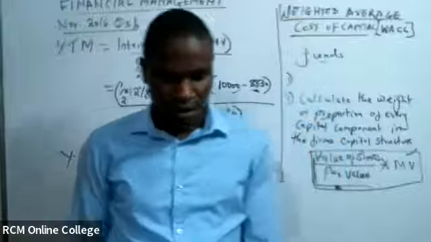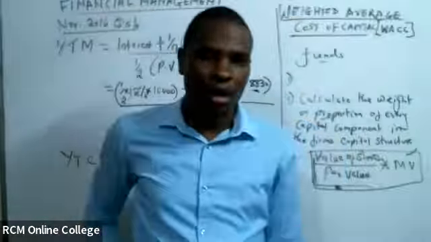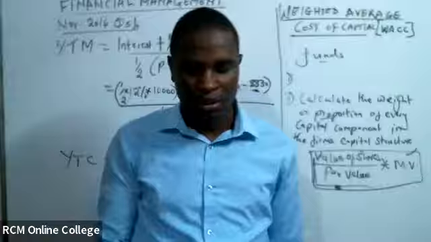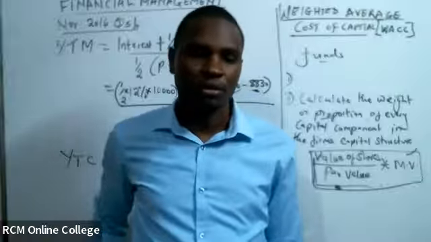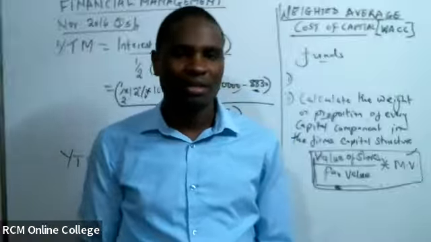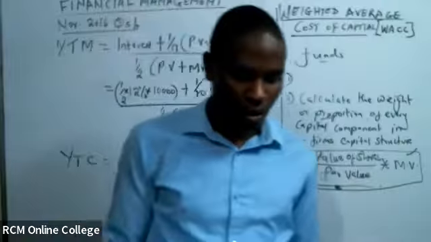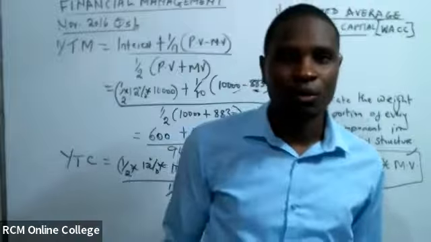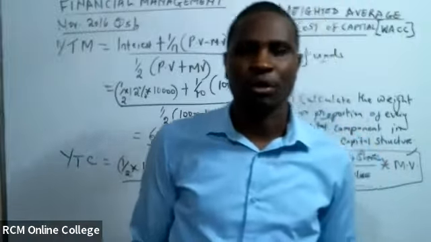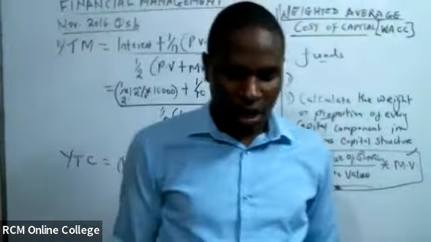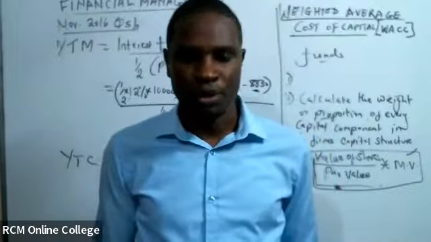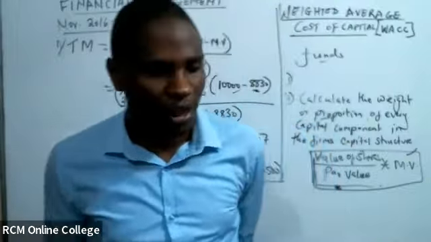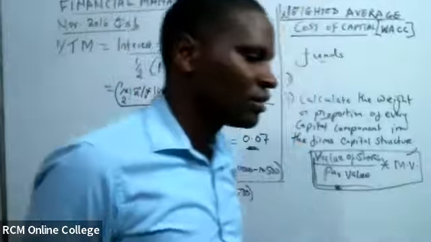Say that WCC is the weighted component cost. So class, we can go to the last step, which is step number 4, which tells us to sum up the weighted component cost, that is WCC, to get WACC.